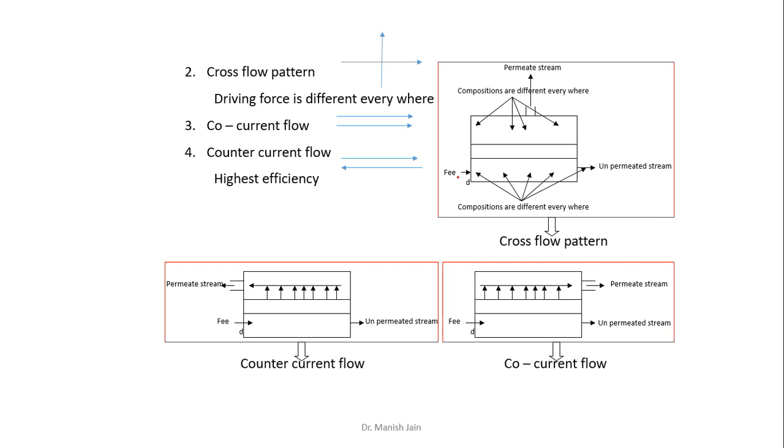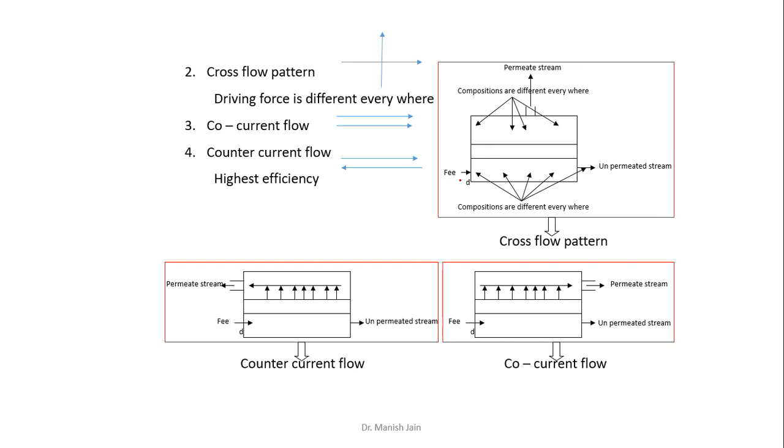So if the feed flows in the feed channel in the x direction and the permeate flows in the y direction, then the direction of the permeating species inside the membrane will be the z direction.